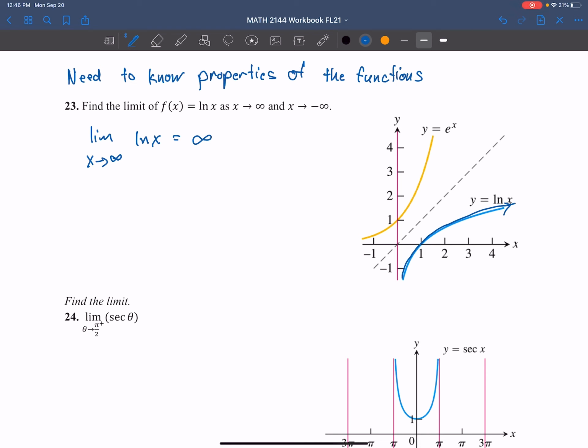And it's not explicitly asked here, but if you were to consider the limit as x approaches 0 from the right-hand side of ln of x, what would that limit be?